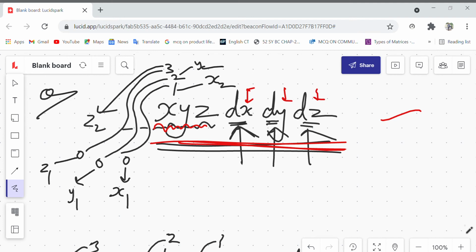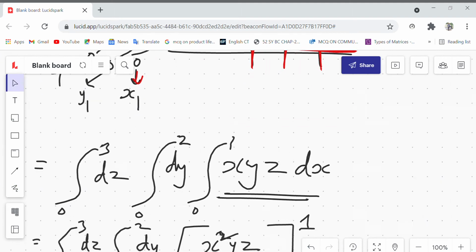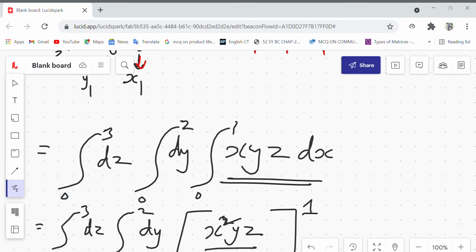As I told you in double integration, whichever is the first one, take it as x1, x2, then orderly y1, y2, z1, z2. Then put this dz, dy in order and xyz dx. First we need to calculate this one.